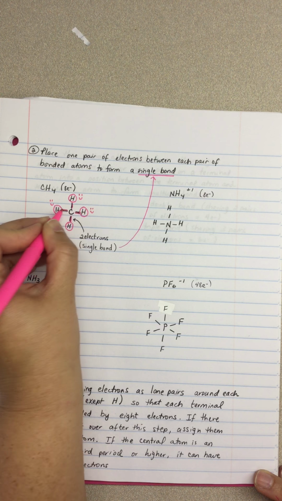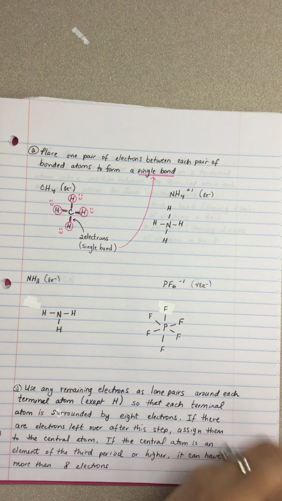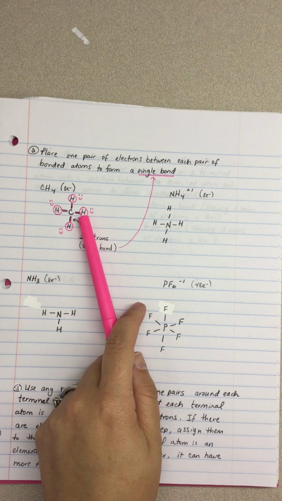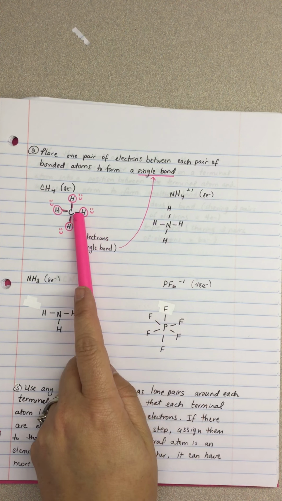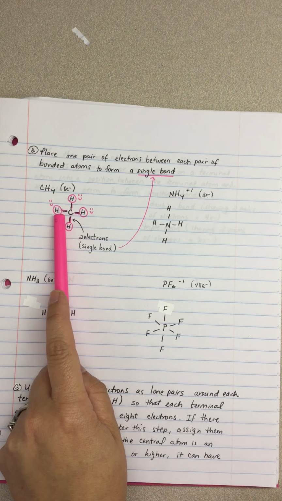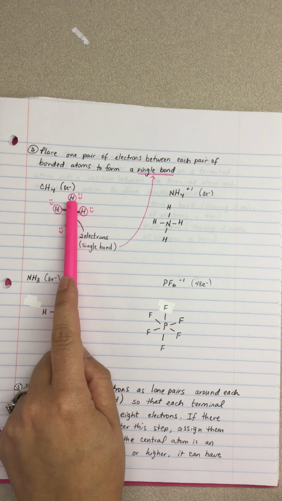So if each line represents 2 electrons shared between the carbon and each specific hydrogen, around carbon you have 8 electrons in total, 2 electrons in every single line. So 2 here, that's 2, 4 in this one, plus 2 here, that's a total of 6, plus 2 in this one, that's a total of 8.